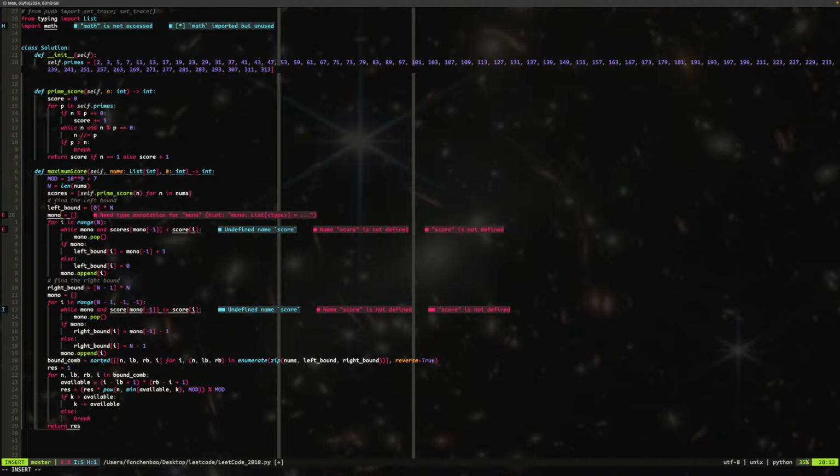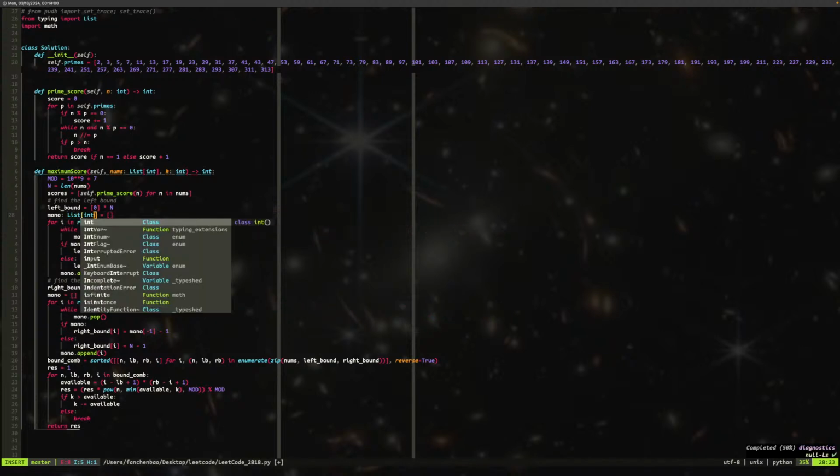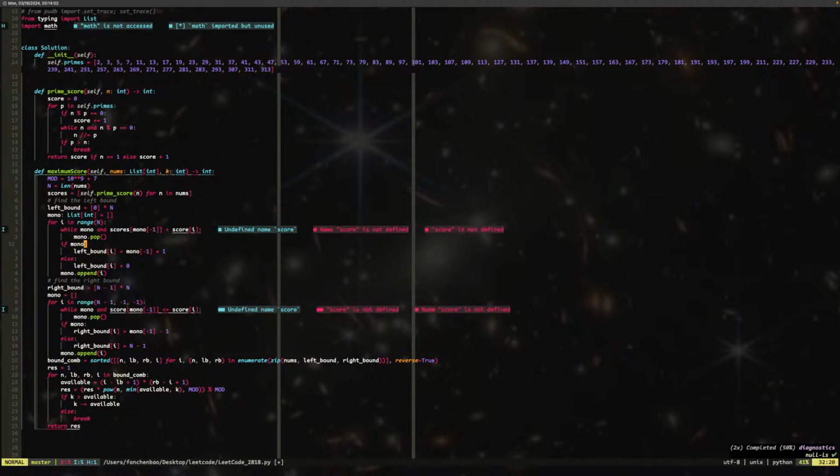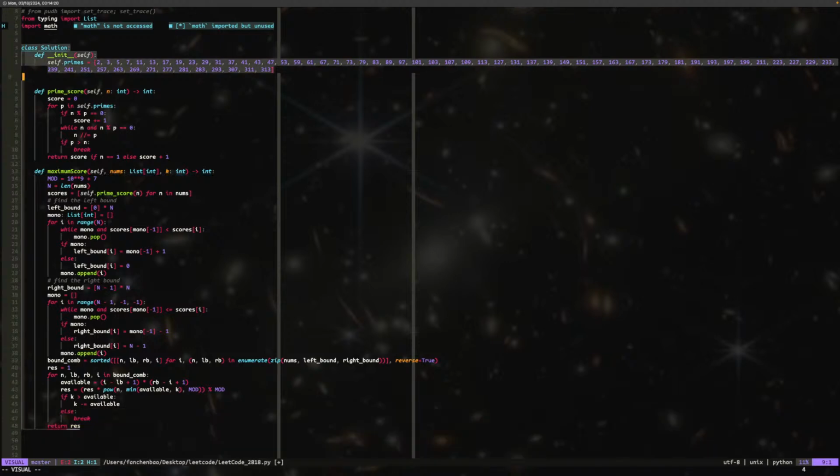Okay, we can say this is gonna be a list of int. Score is not defined because it's not score, it's scores. Here's the same, it's scores. Oh my god. See, the linting is really useful, and I think this linting is using ruff. Yeah, I use ruff for this.